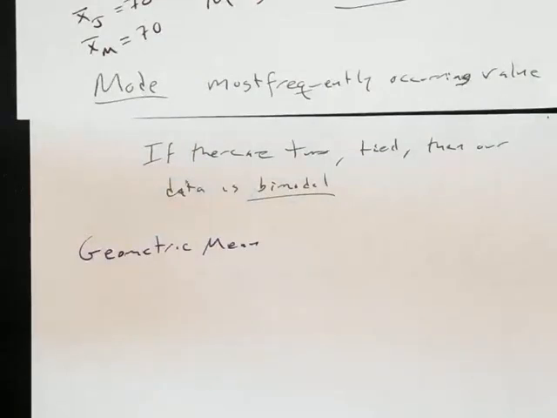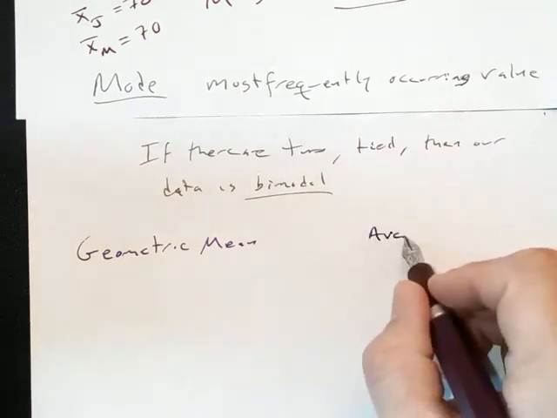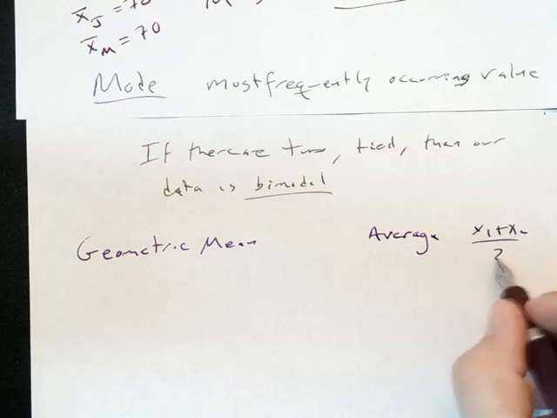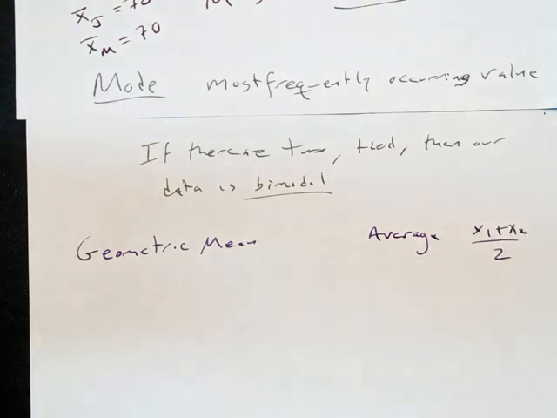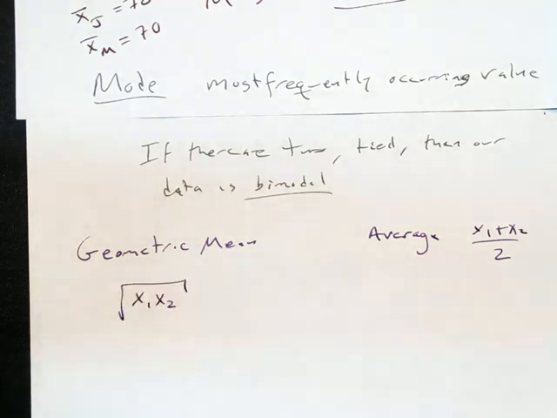Instead of adding and dividing, we multiply and take a root. So, when we do an arithmetic mean, an average, it's x1 plus x2, divided by 2. For the geometric mean, I would multiply x1 and x2, and take the square root.